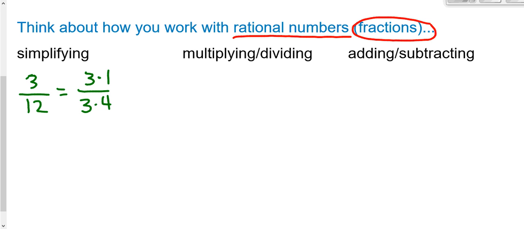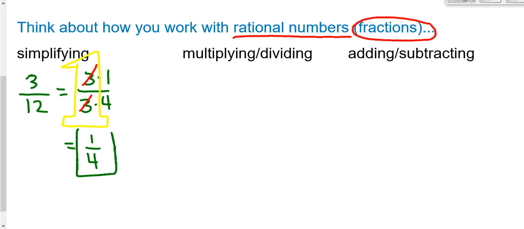And then what we do is we cancel the 3's. Well, why do we cancel the 3's? It's because 3 divided by 3 is a special form of 1, and 1 times 1/4 is just 1/4. So all we have left is 1/4. So we like to say that the 3's canceled. We also could say we divided the top and bottom by 3, but the whole reason for doing that is because those factors canceled.